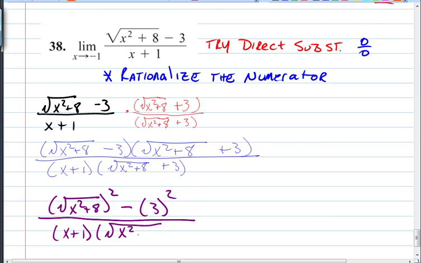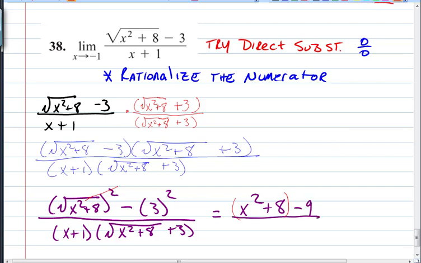Yes. Hang on, x squared plus 8 plus 3. So when I square that radical, what does it do? It's x squared plus 8 minus what? See, when you square the radical, square the square root, they cancel each other out, and you're just left with the x squared plus 8 minus what? 3 squared is 9.